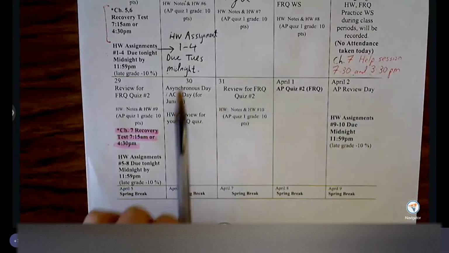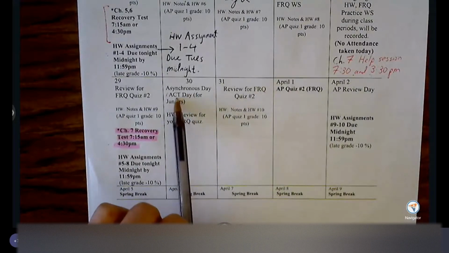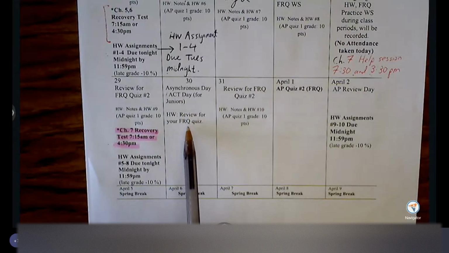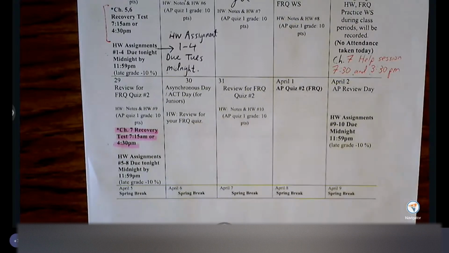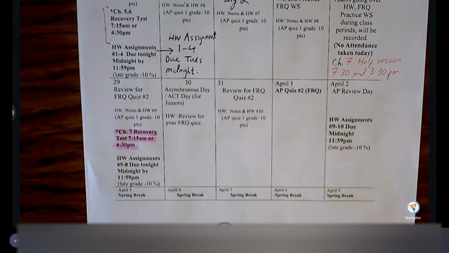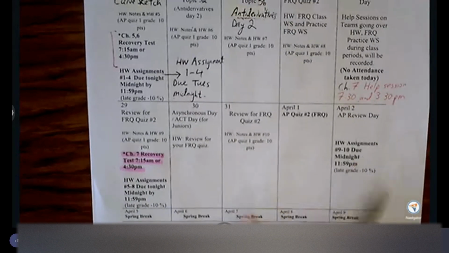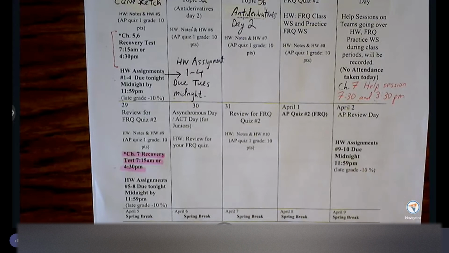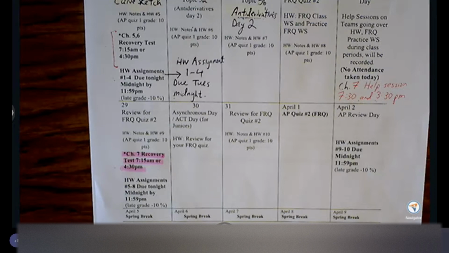Tuesday is going to be asynchronous day. It's ACT day for juniors. But after school, after 3:30, I may have another help session for the quiz that's coming up on Thursday. Wednesday, we'll have a class period to do a quiz review, and then Thursday will be your quiz. And then Friday, your last set of assignments are due, assignments 9 and 10.